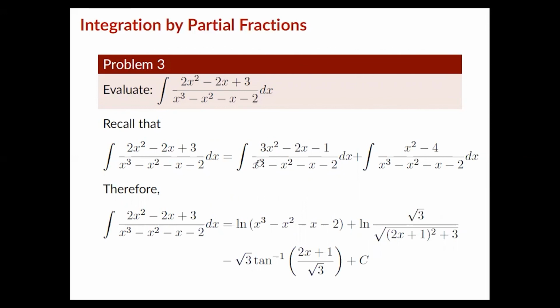Kaya kapag kinumbine natin ng result niya, ang ating original integral na 2x squared minus 2x plus 3 over x cubed minus x squared minus x minus 2 dx ay equal sa natural logarithm ni x cubed minus x squared minus x minus 2 plus natural logarithm of square root of 3 over the square root of 2x plus 1 squared plus 3 minus square root of 3 inverse tangent of 2x plus 1 over square root of 3 plus some constant c sa dulo.